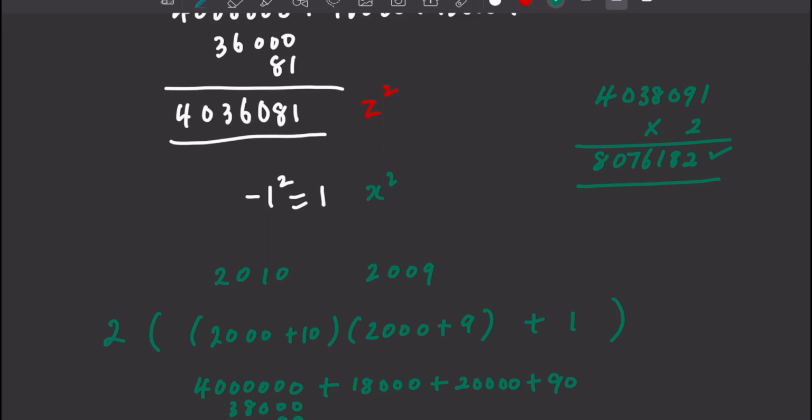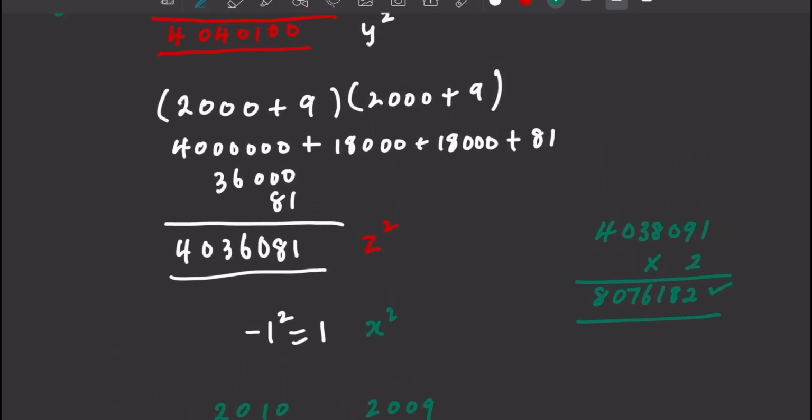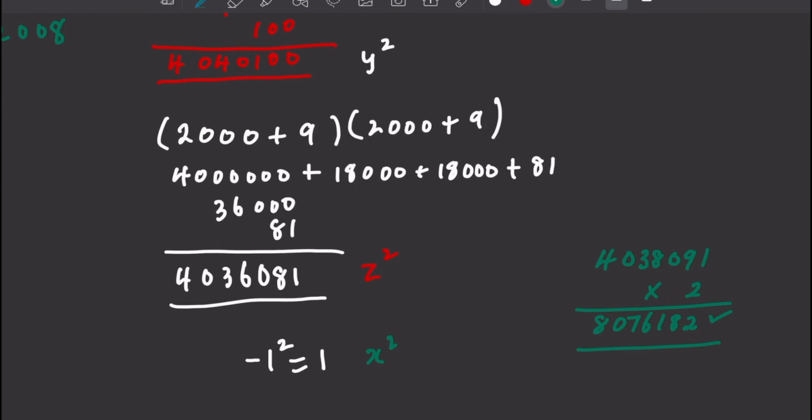So now we're going to have to take y squared. We're going to add z squared. Then we're going to add 1. So we get 8,076,182.